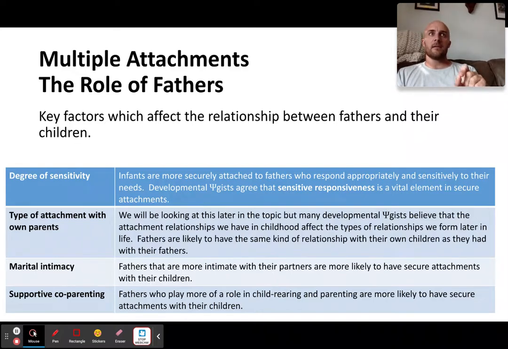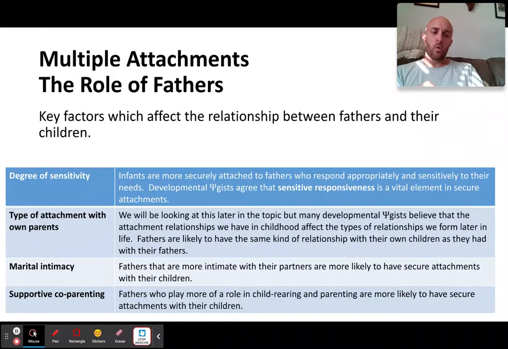At the end of the day, do they support each other? Do they help each other? Do they agree in terms of how to raise kids, for example? Fathers who play more of a role in child rearing, a bit more hands-on maybe, are more likely to have secure attachments with their own children.